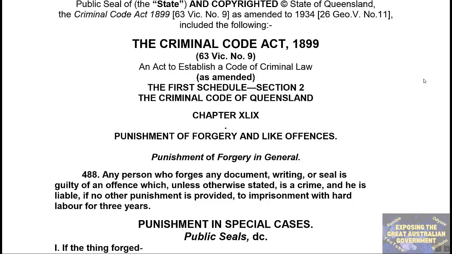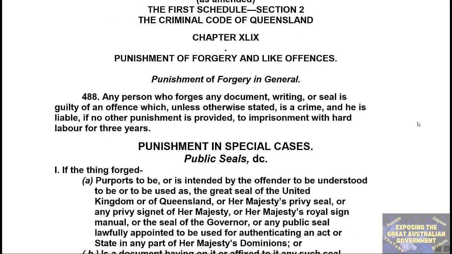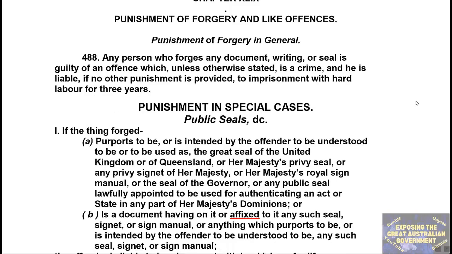The first schedule, section 2, the Criminal Code of Queensland, chapter, punishment of forgery and like offences. Punishment of forgery in general. 488. Any person who forges any document, writing or seal is guilty of an offence which, unless otherwise stated, is a crime, and he is liable, if no other punishment is provided, to imprisonment with hard labour for 3 years.